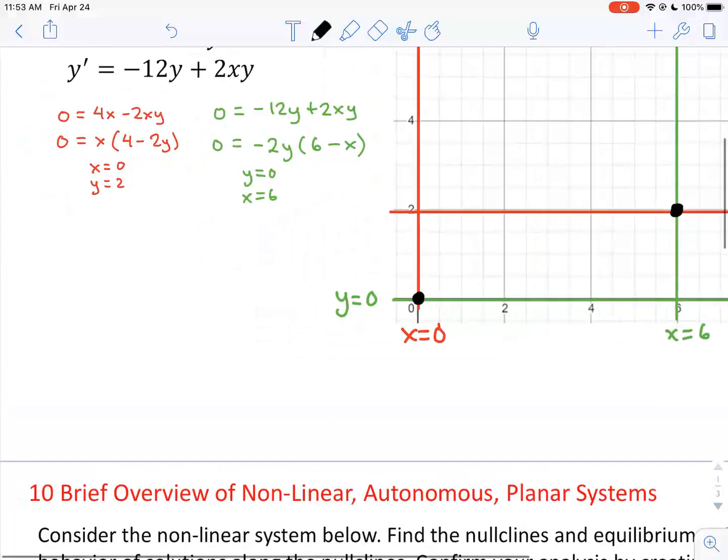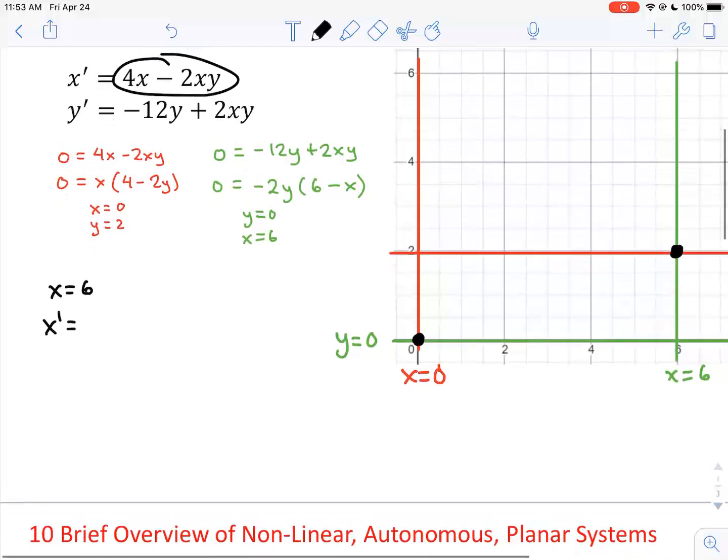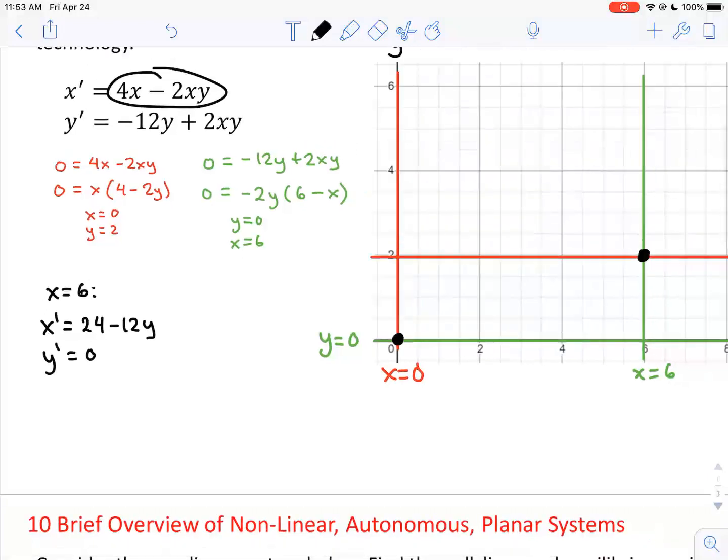Now, I'll show my thinking here for when x is 6. We have that x prime will be equal to, just plugging in a 6 for all the x's and rewriting this, 24 minus 12y. And we have y prime is equal to 0, because 6 is part of the y nullcline.